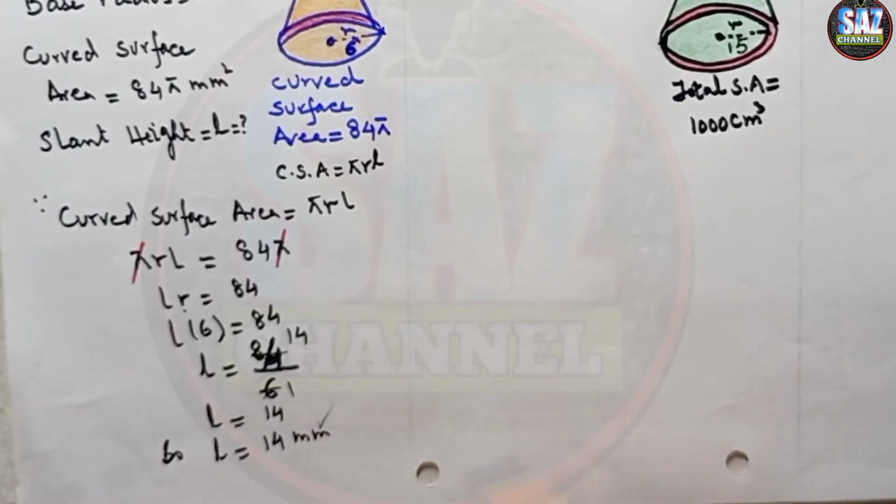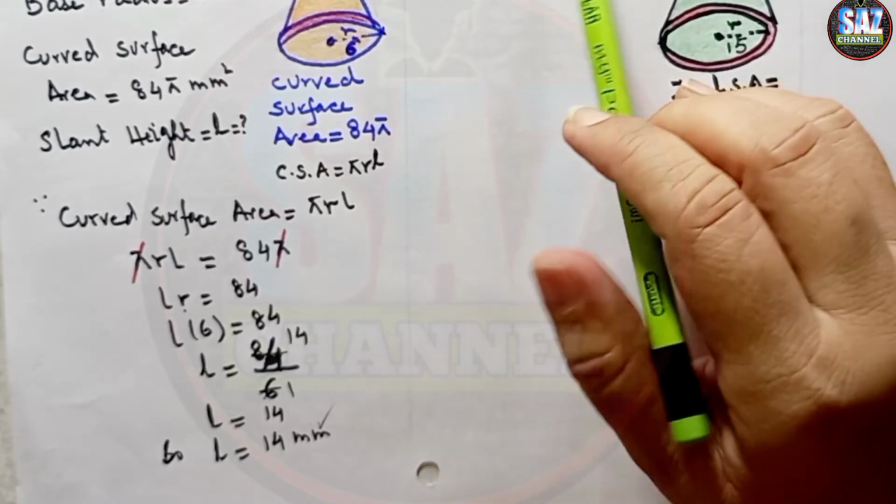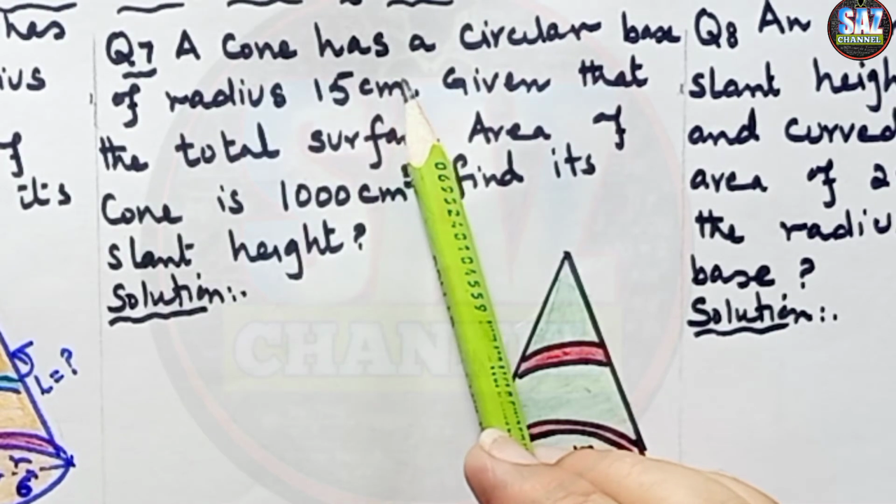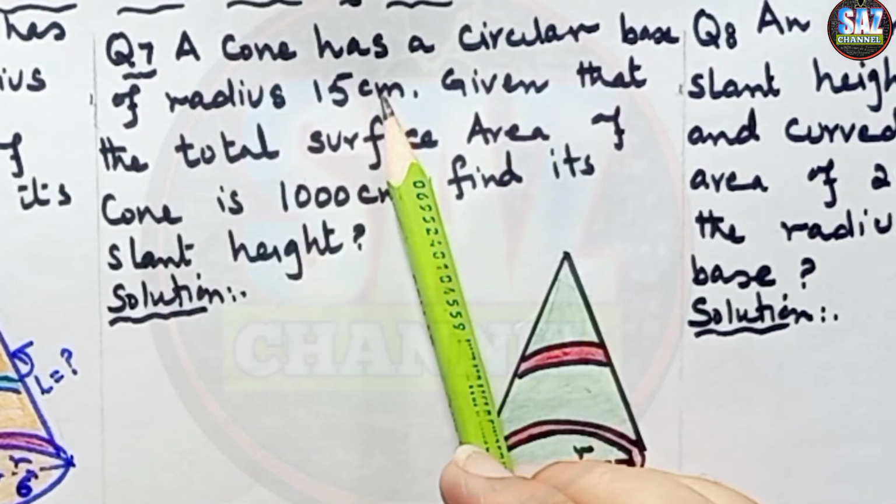Let's move to the next question, and let me read the question from the book first and compare the data, so that if there is any problem in writing the question, I can correct it before moving to the solution. Question 7 says: a cone has a circular base radius of 15 centimeter.